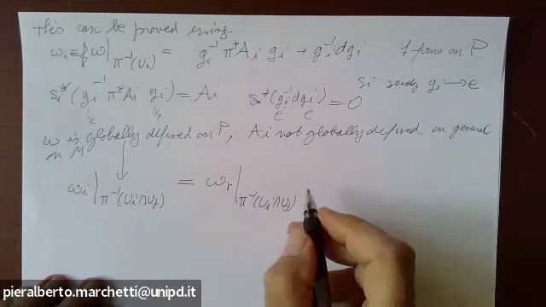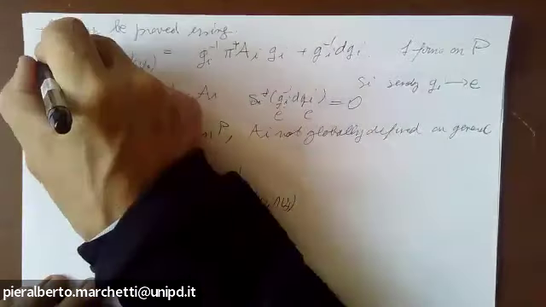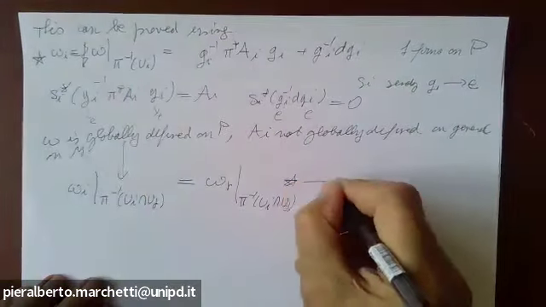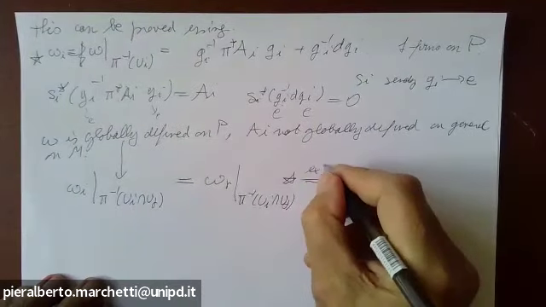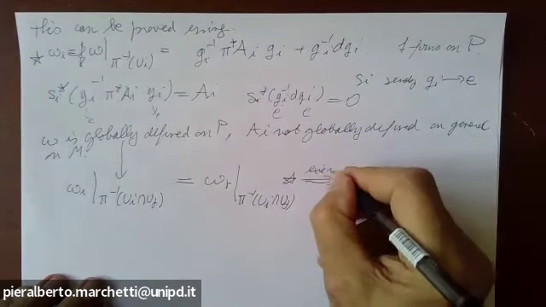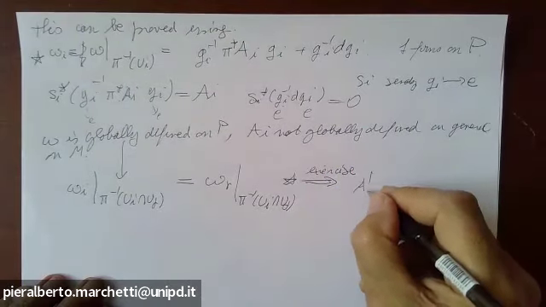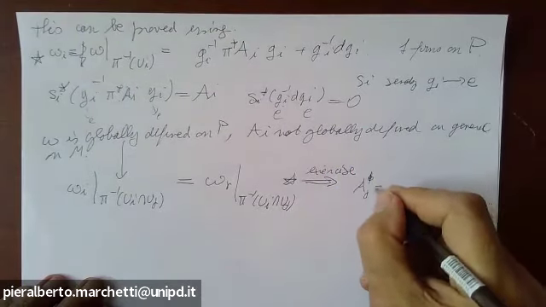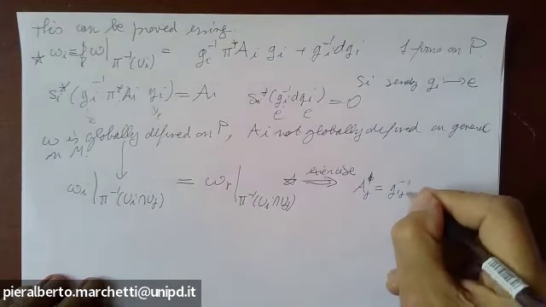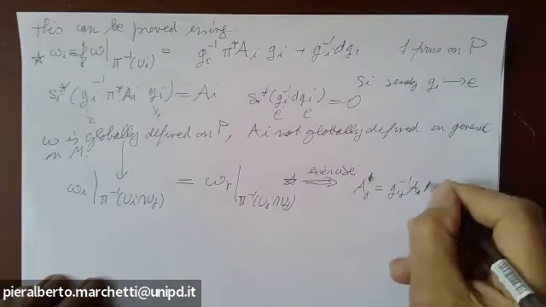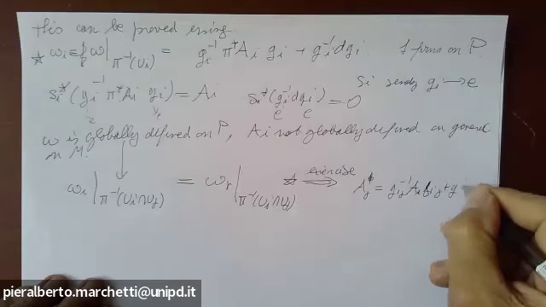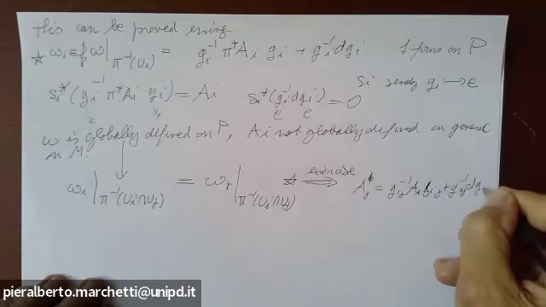And now you apply this definition that I gave here, and you can do an exercise, which is not difficult. And then you can really prove the formula that I wrote before: A_j is equal to G_ij^{-1} A_i G_ij plus G_ij^{-1} dG_ij.